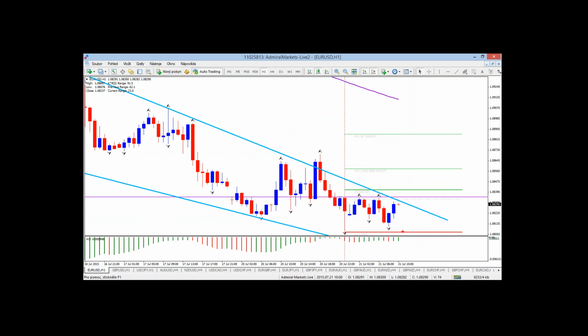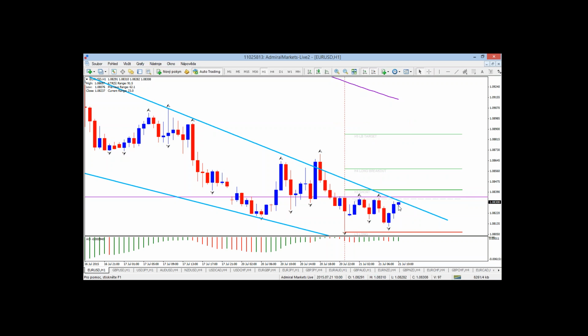In fact, any break of this low in the next 2 hours, I would not consider, unless it happens. Let me count again. This is the 11th.